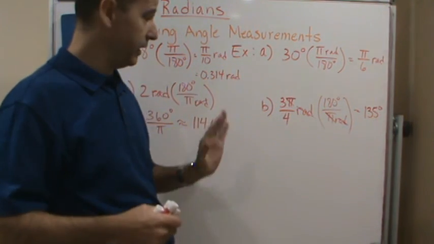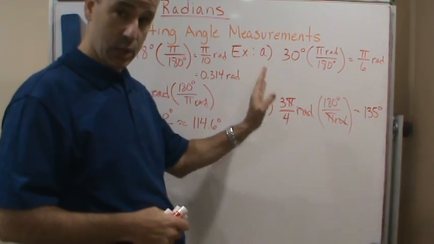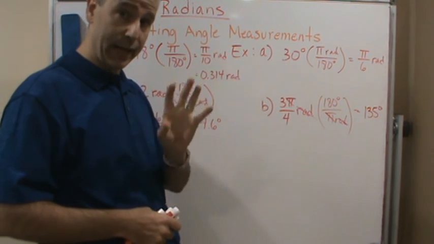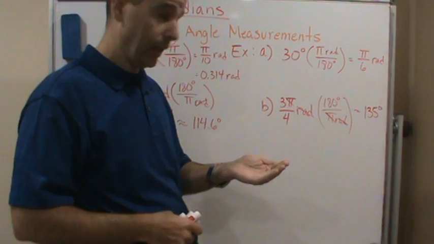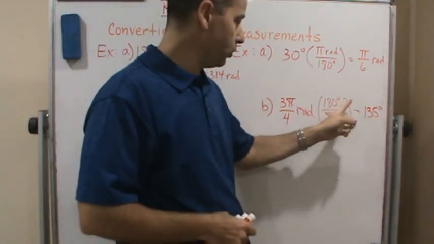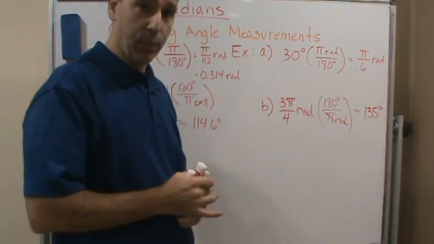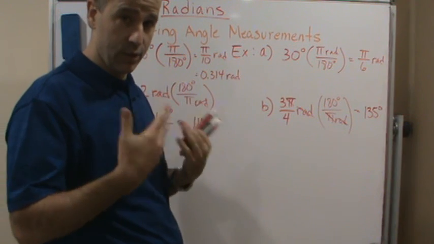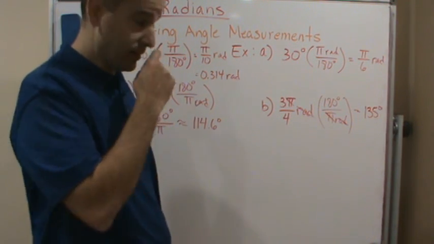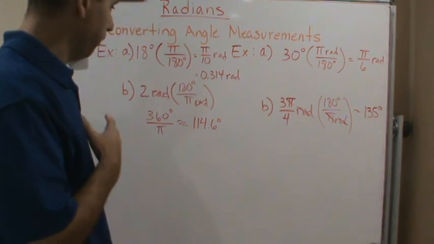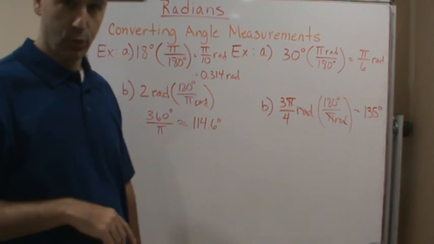It's understood that when we're measuring angles and the units are not given, it's understood to be radians. Otherwise, you'll see the degree symbol. But if you don't see the degree symbol, then assume that we're dealing with radians. That's also the point to remember.